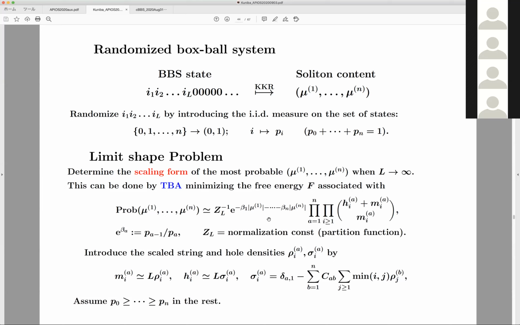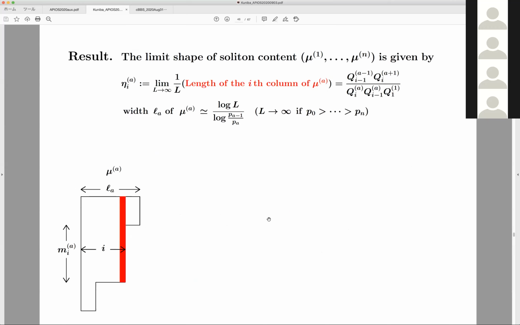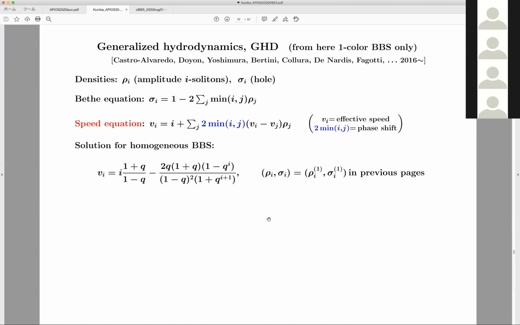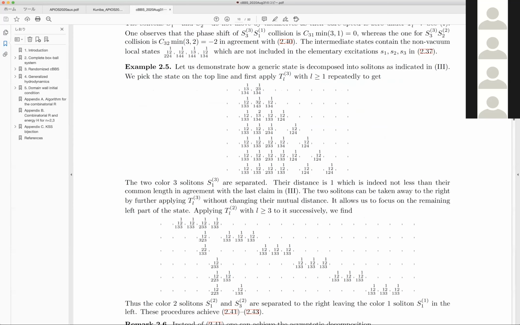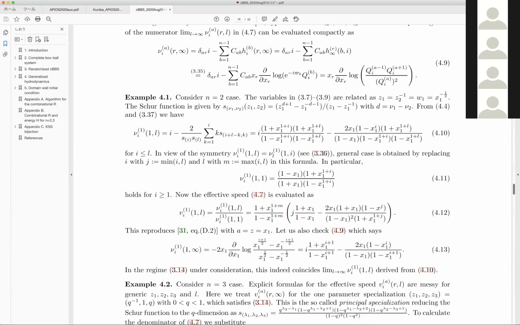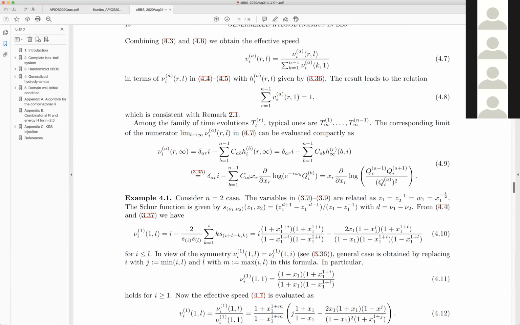Yeah. I might jump in with a question. So you calculated this speed equation for the one color case. What about the more general n color case? Yeah, here is the preprint. Okay. Yeah, I expected such a question. So basically, the formula is like this.